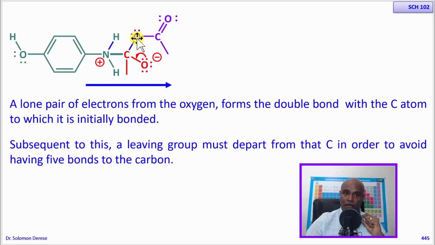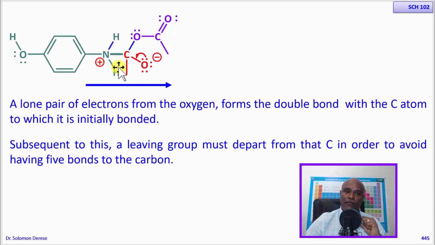It is this one that can leave, or this one can go like that, or this bond breaks for it to go like that. So which one is going to break? The bond that's going to break is the bond that has better chance of accommodating the electrons. So if you break this one, of course nitrogen can happily take the electrons and the electrons can go and neutralize it.